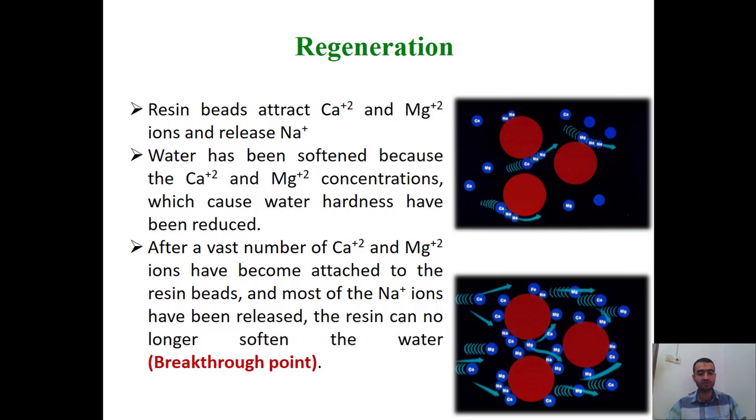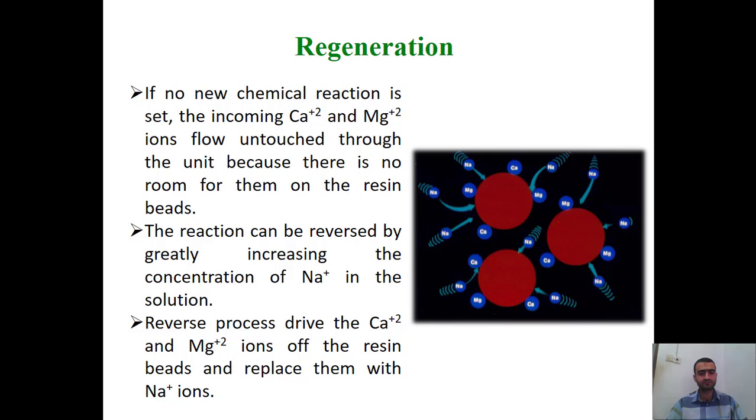This is called the breakthrough point, as we presented just now. If we don't have a new chemical reaction, the incoming calcium and magnesium ions will not be attached to the resin, and eventually they will appear in the effluent.